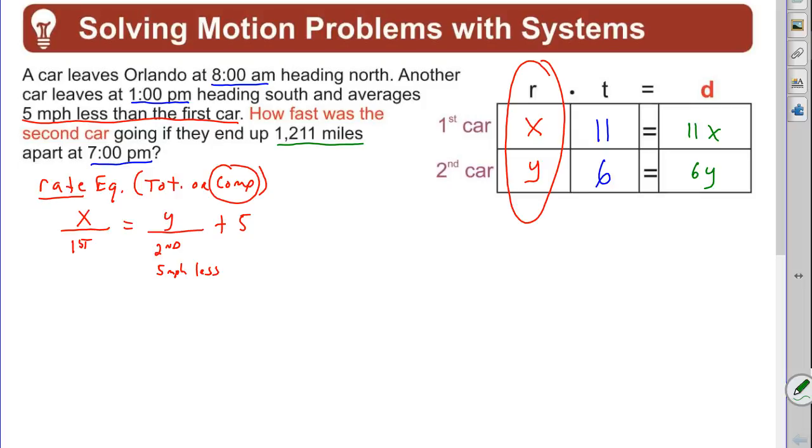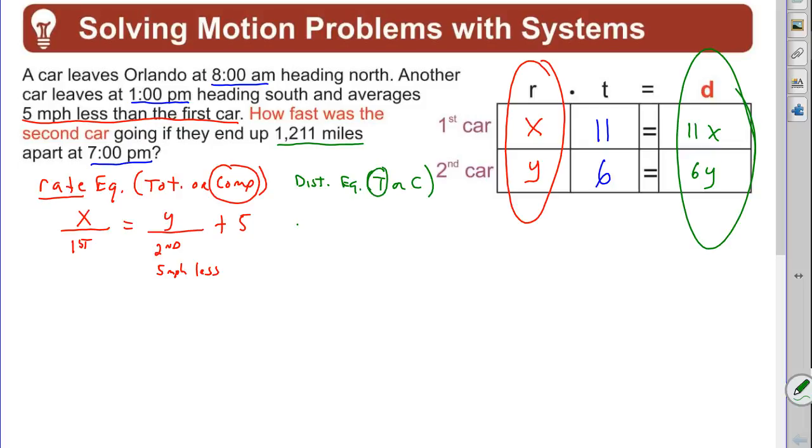The second equation is going to be the distance equation, because that's the column with the variables. Again, is it a total or a comparison? Look at the problem: 1,211 miles apart. That's the first car's distance plus the second car's distance. That's a total.